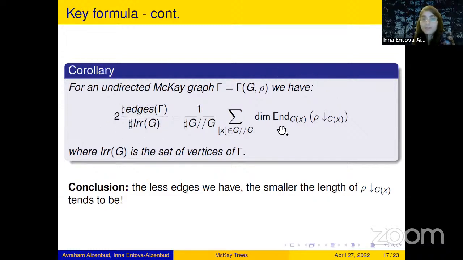In particular, this means that the average of the dimensions of endomorphisms on the right-hand side is also small. So when rho is restricted to the centralizer of an element X, it tends to have very small length, which brings us closer to proving that in our case, rho will actually be irreducible.